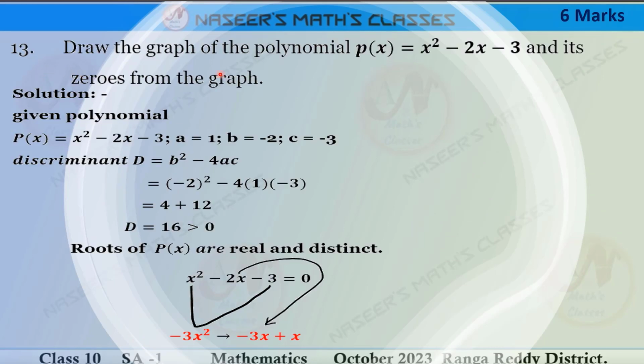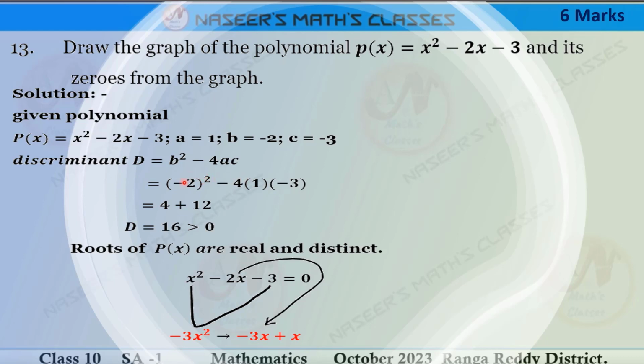Draw the graph of polynomial p of x is equal to x square minus 2x minus 3 and its zeros from the graph. To solve this one, first of all we write p of x is equal to x square minus 2x minus 3. Here the x square coefficient a is equal to 1 and x coefficient b is equal to minus 2 and the constant c is equal to minus 3. Next we find the discriminant D is equal to b square minus 4ac.